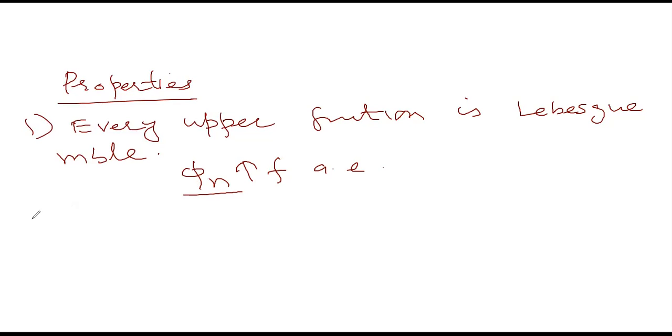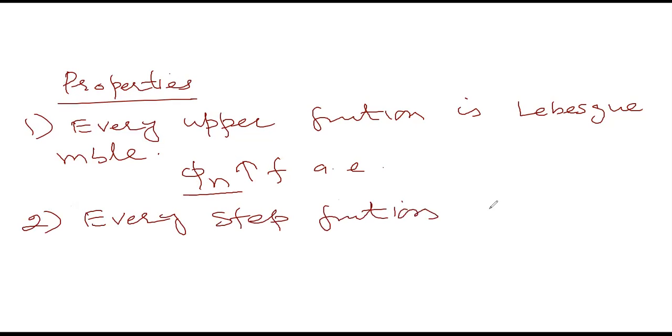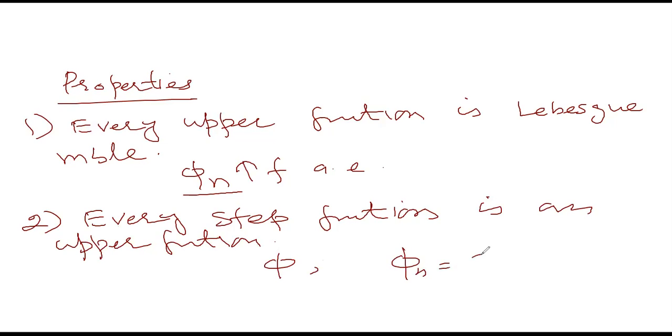And the second property: every step function is an upper function. That's again simple. If phi is a step function, then we define a sequence phi n equal to phi itself for all n greater or equal to 1.